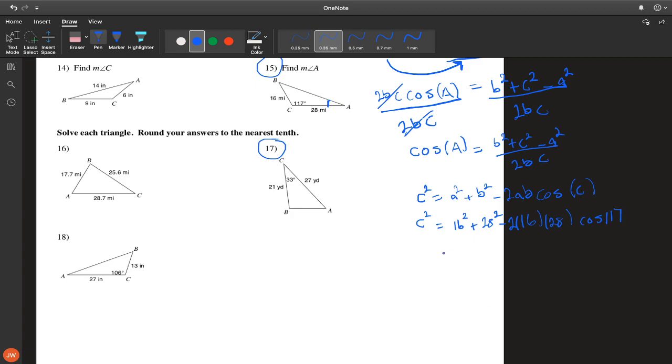And you get this number, 1446.78, and it's equal to c squared. So now take the square root of both sides. Take the square root of this number, and we get c. c is equal to 38.0. So that's a 3.